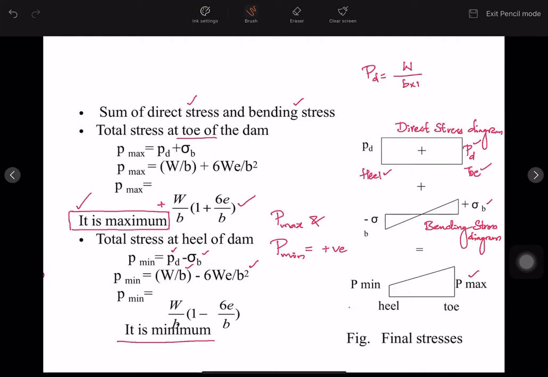So this will be the shape of the final stress distribution diagram of a dam, which is subjected to various stresses, most commonly direct stress and bending stress. So this is what we are intending to learn in this particular tutorial.